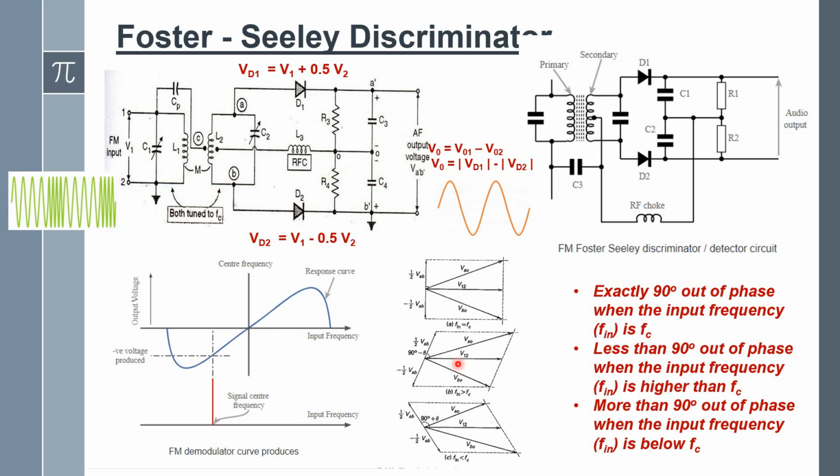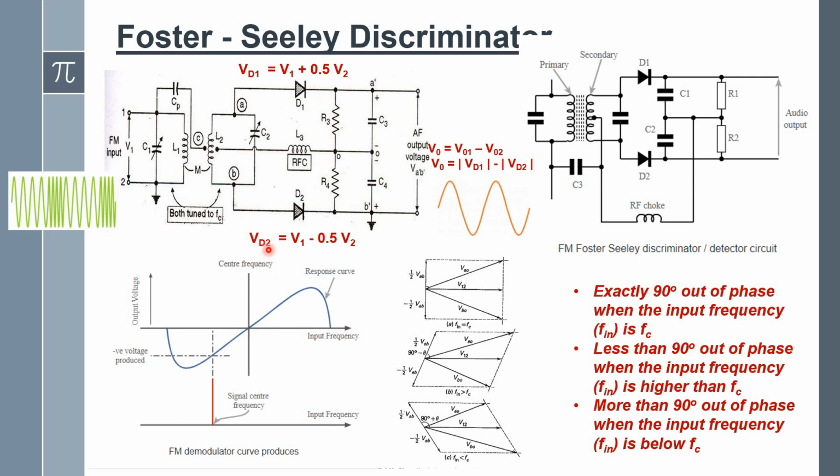We represent these phasor diagrams because we have to calculate the net potential across diode D1 and diode D2. The net potential across diode D1 is represented as VAO and across diode D2 as VBO. Based on the length of the vector, we decide how much potential is across diodes D1 and D2. The D1 potential is calculated as VAO equal to V1 plus 1/2 V2, or 0.5 V2.